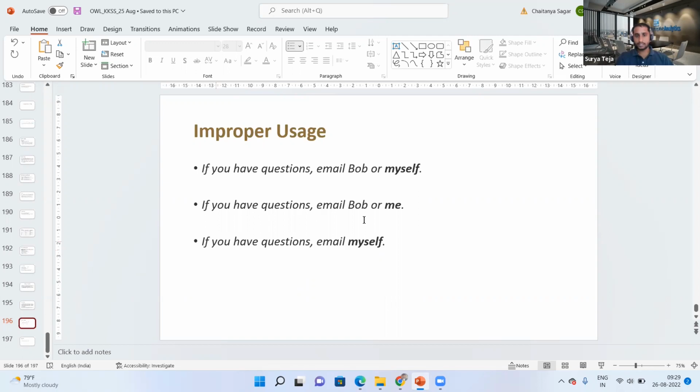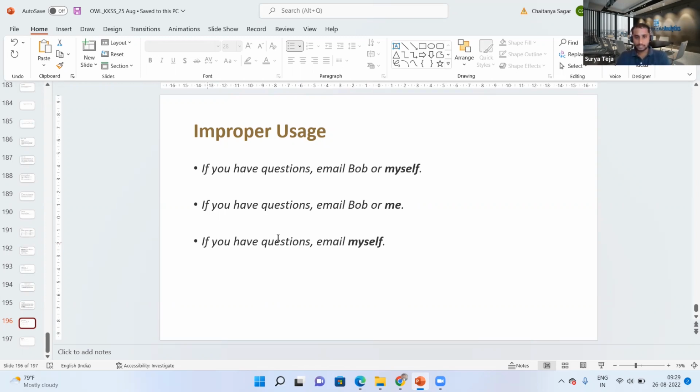So the perfect way to use myself is if you say, I emailed myself last night. I reminded, just to remind myself about any particular task or something like that. So then only myself would become very appropriate. In this situation, it is definitely wrong, because clearly you is different and myself is I am. So the first person singular and second person singular are completely different.